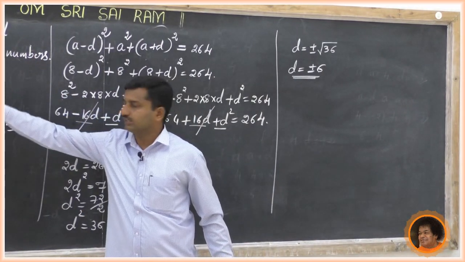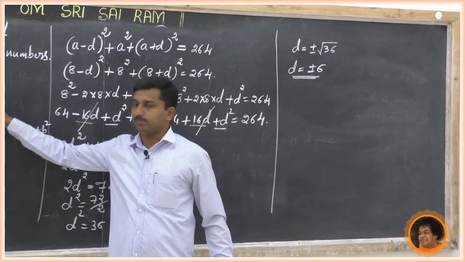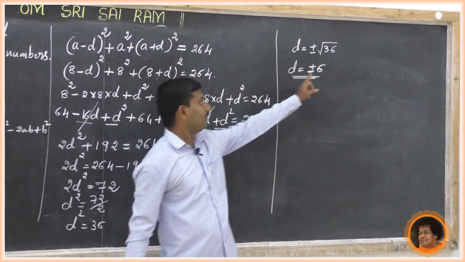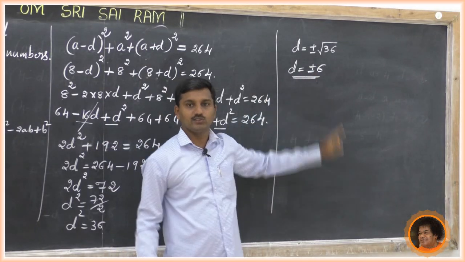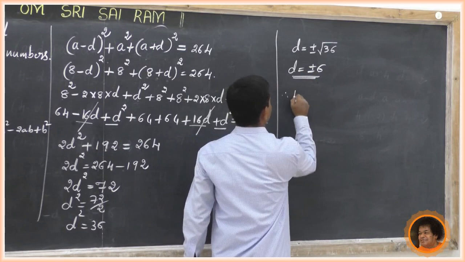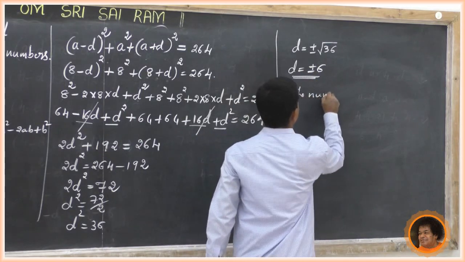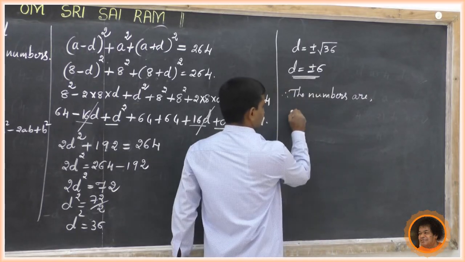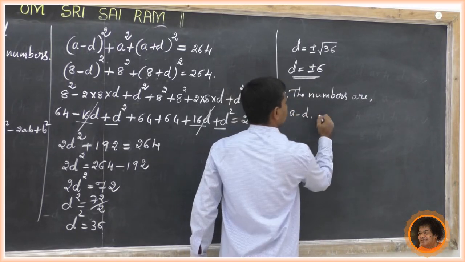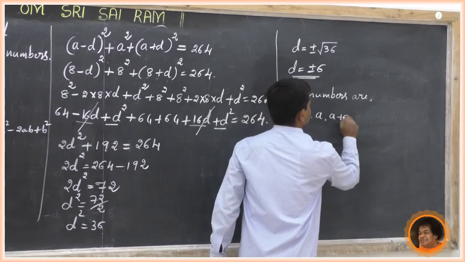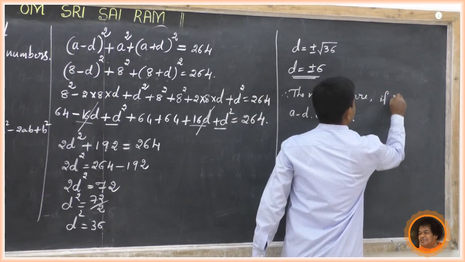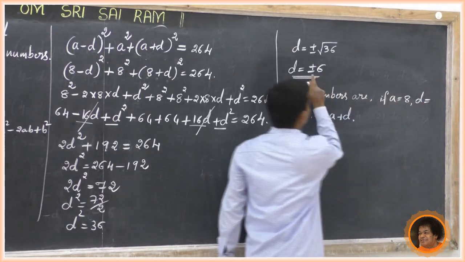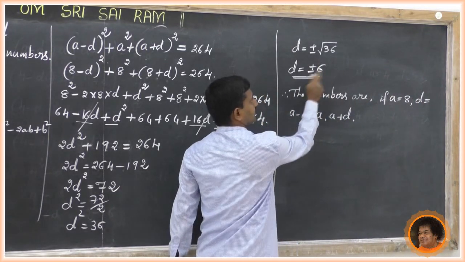Which are the 3 numbers? a minus d, a, a plus d. What is the value of a? That is 8. d value plus or minus 6. So therefore the numbers are a minus d, a, a plus d. If a is equal to 8 and d is equal to, there are two possibilities, either plus 6 or minus 6.